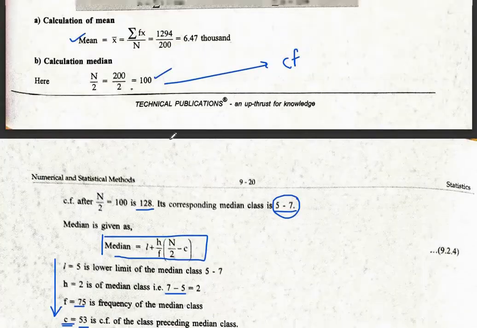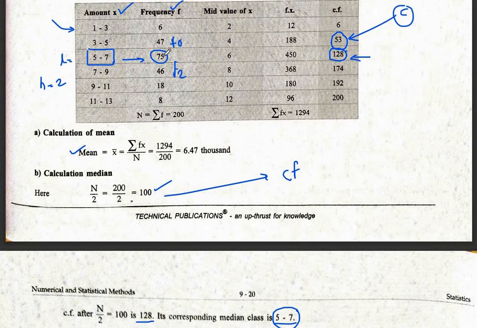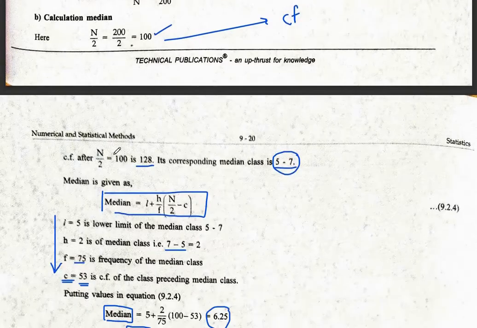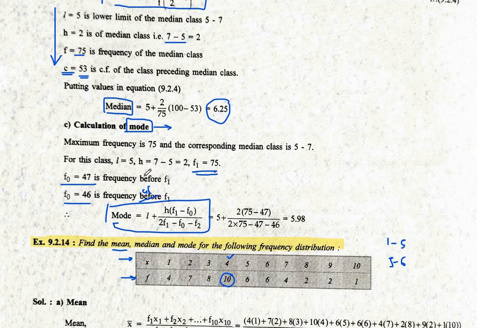These are the values of f0 and f2, and f1 is the maximum frequency, 75. f0 is the value before 75 and f2 is the value after 75: 47 and 46.